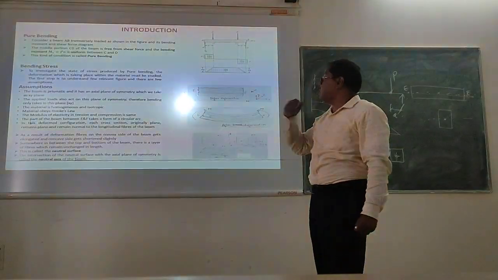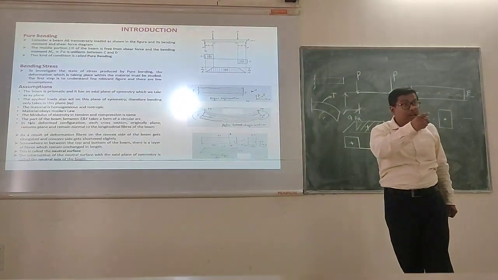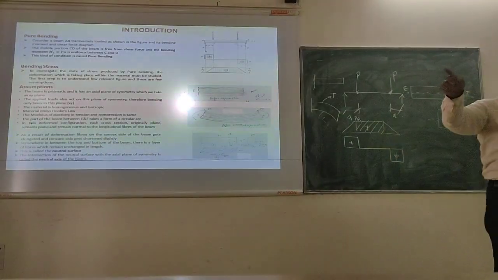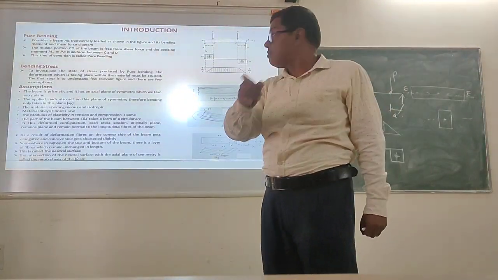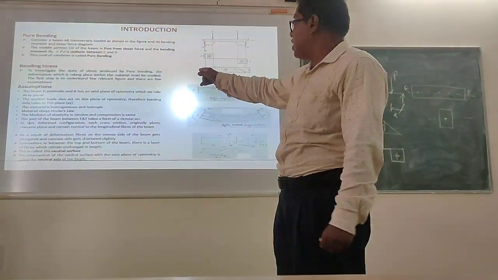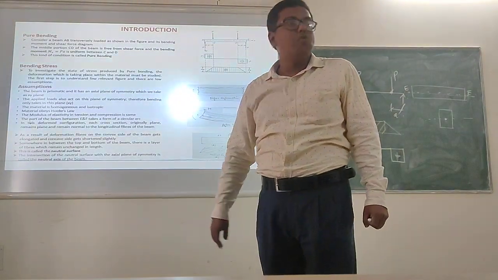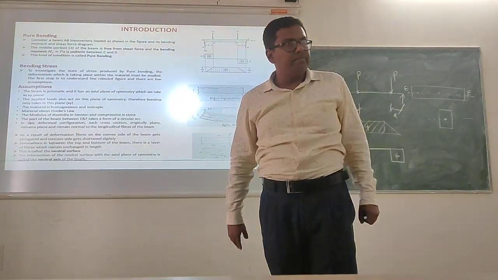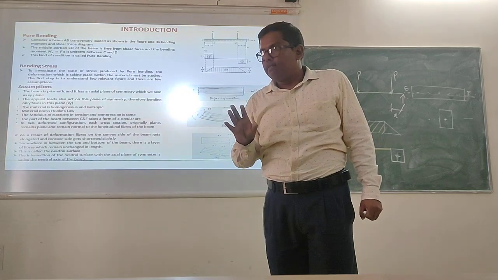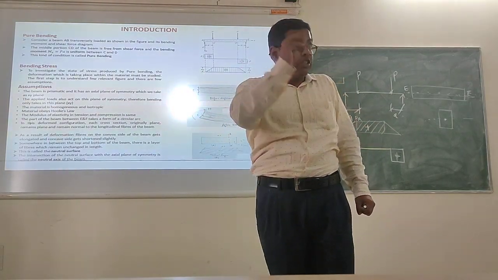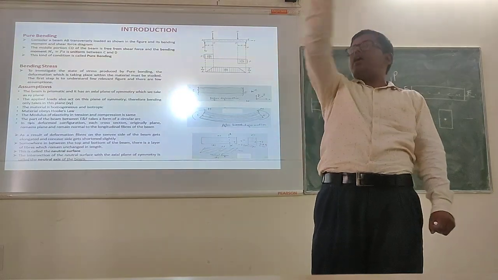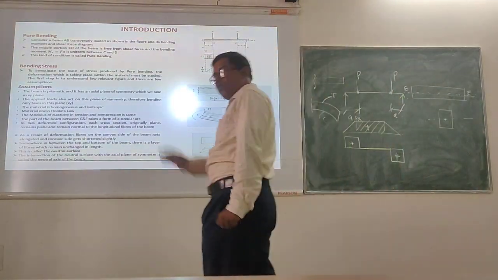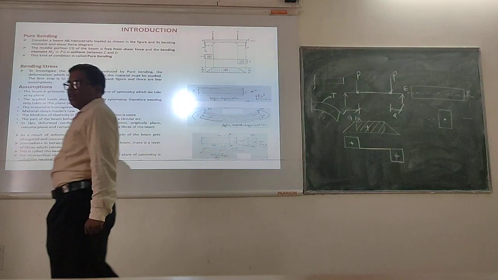The third assumption is a very, very important assumption which is not at all true, you can say. Which is not at all true, but we are assuming. That is, material is homogeneous and isotropic. In most of the cases you will see concrete, getting the homogeneity of concrete is very difficult. You cannot say everywhere the concrete is same. There will be some kind of difference.